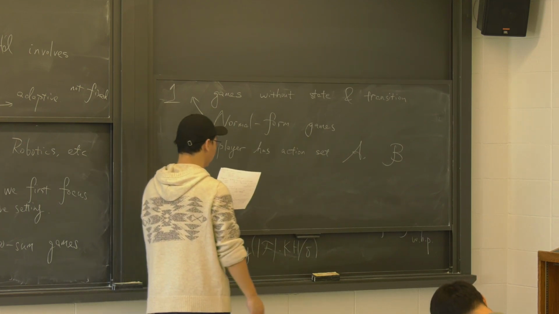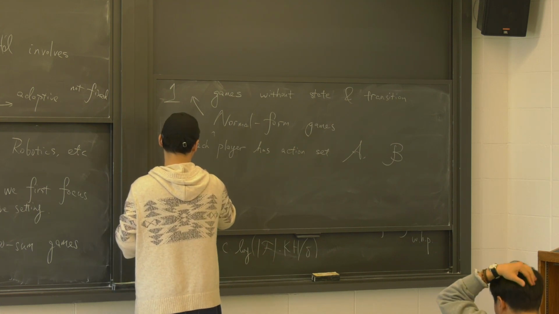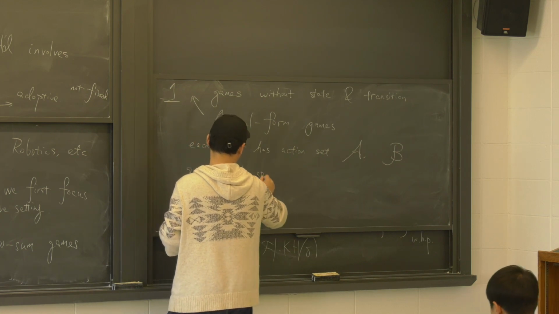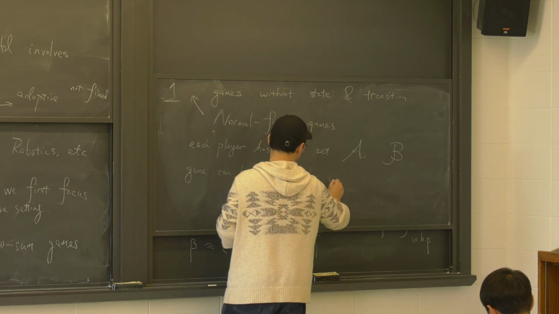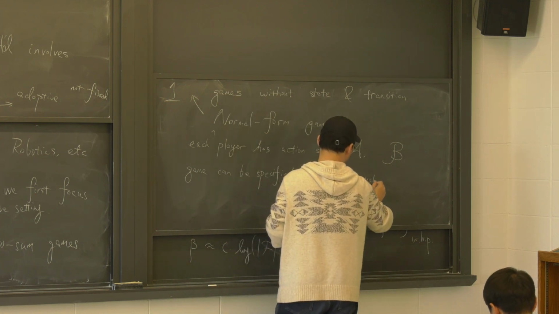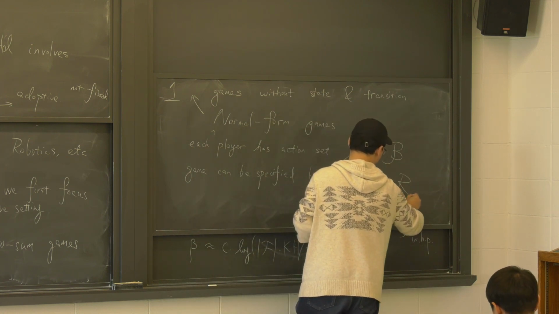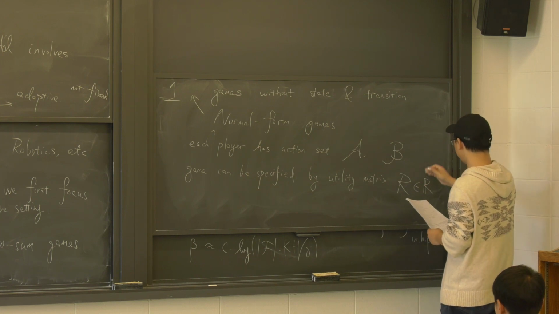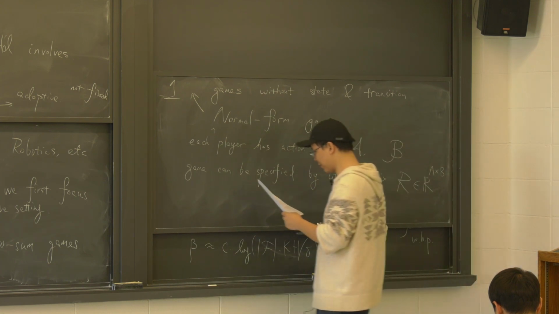And the entire game is specified by a utility matrix in R to the A times B, where A is the number of actions and B is the number of actions for each player.